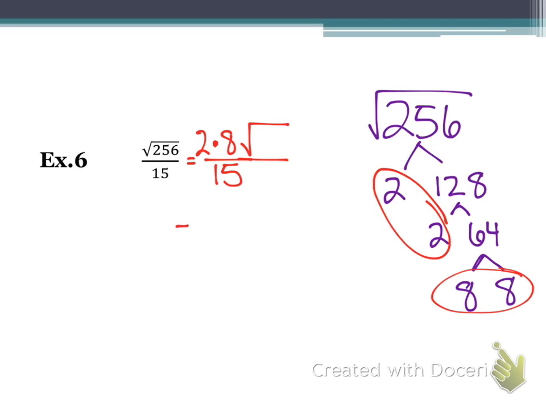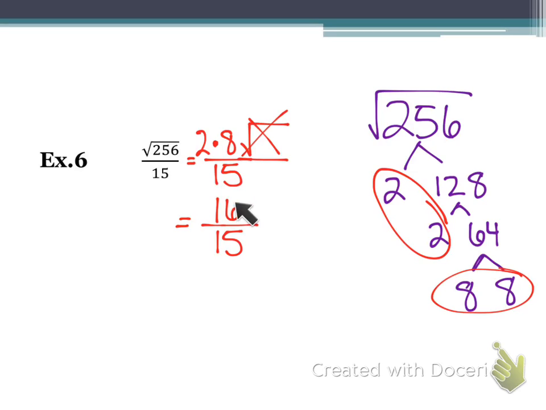If I go to write my next step, what do you think I'm going to write? 16 over 15. Do I write a radical at all? No. If there's nothing to go underneath it, it just goes away. If there is nothing to go under the radical, it goes away.